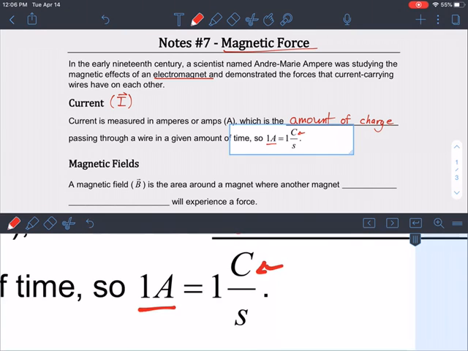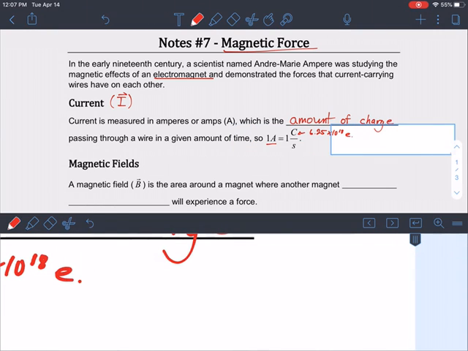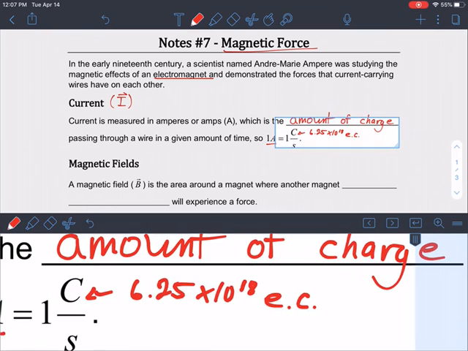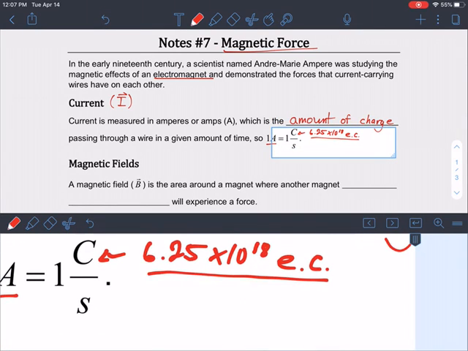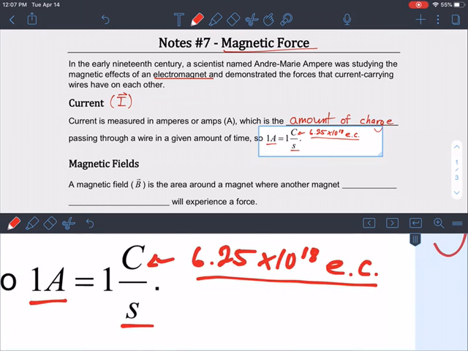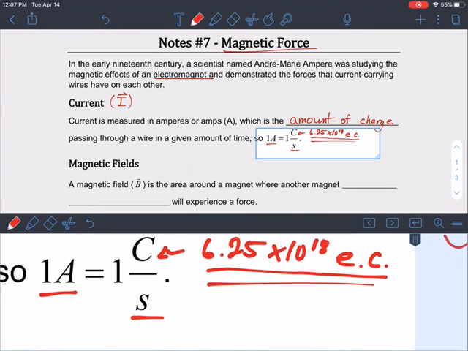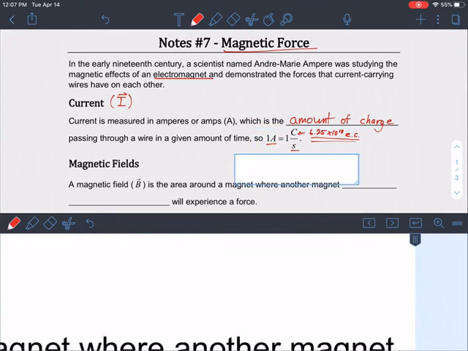Remember, this is 6.25 times 10 to the 18 elementary charges, what we learned earlier in electric fields. This means there are this many electrons passing in 1 second, and that is 1 amp. If there are 2 amps, there's double that many electrons passing each second. But it's easier just to say 1 amp.